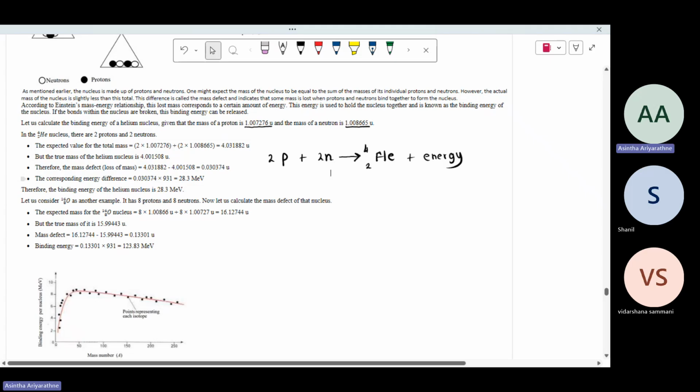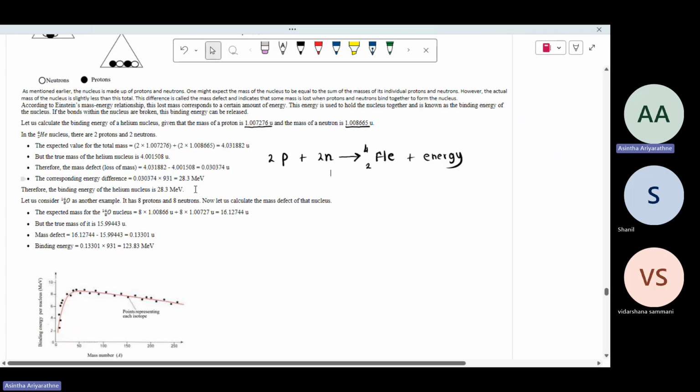From the mass difference we get a 28.3 mega electron volt energy difference. So what has happened to that? Actually, it has been stored within the nucleus as the binding energy.